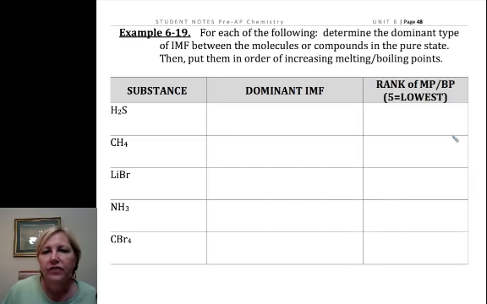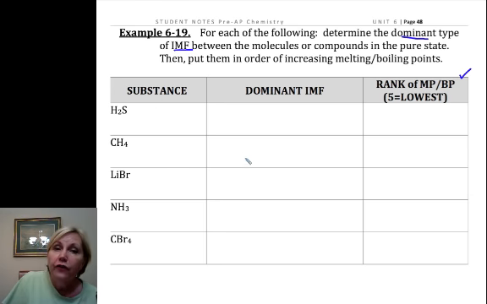Now, we're going to just finish up one last example and do a summary chart. We want to compare dominant types of intermolecular forces and then rank them based on melting and boiling points. The first step is to classify. H2S is non-metal, so it's covalent.